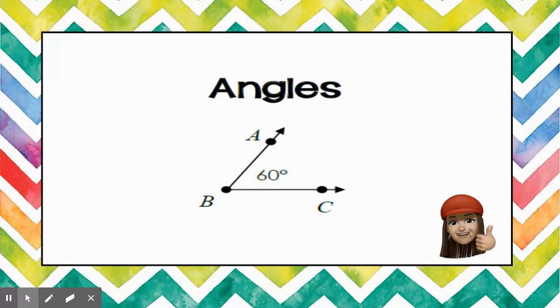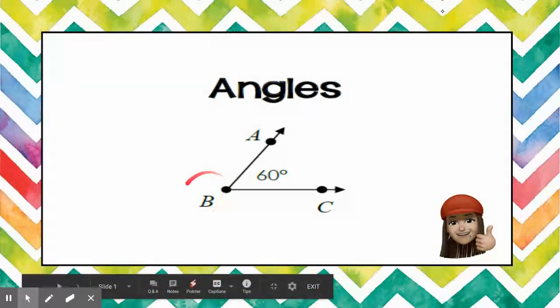You will label it as angle ABC, or you can label it as CBA. If you notice, I always put the B in the middle. Why? Because if I'm referring to the angle, then it should always be in the middle of my lettering.